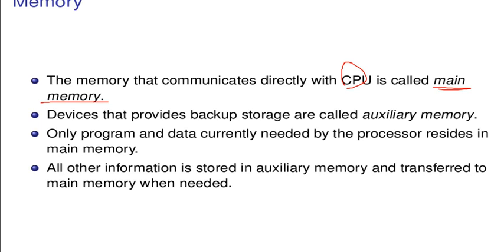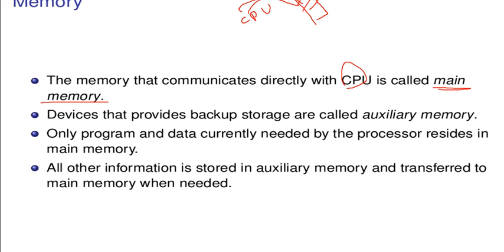Now what does it mean by directly? The data which is to be processed, or the programs which are to be executed, will be residing in this memory, and the CPU will be reading this data from main memory and writing data back to the main memory.